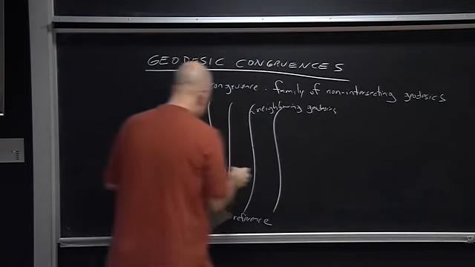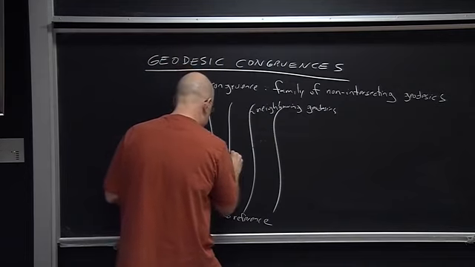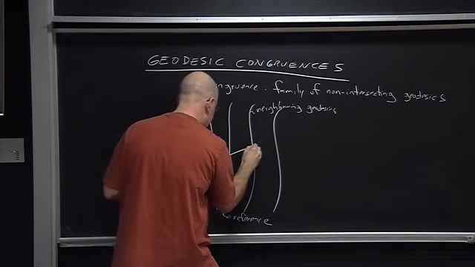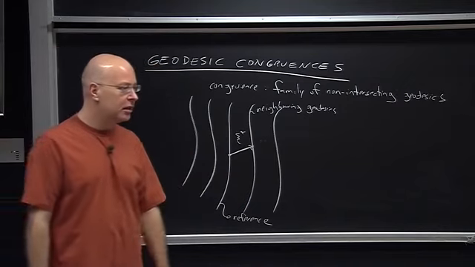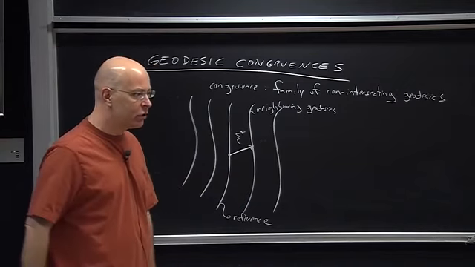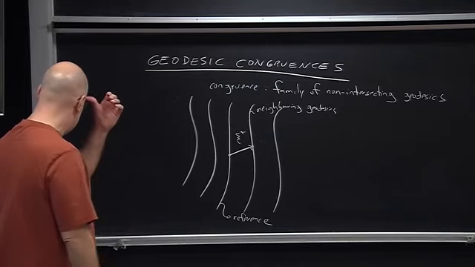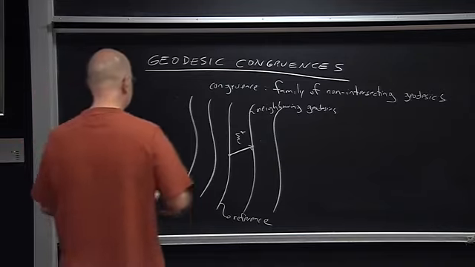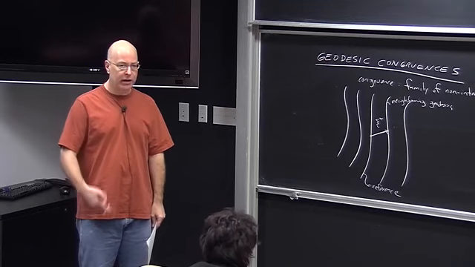And what I want to do is to describe the behavior of the neighboring geodesics through the behavior of the deviation vector that we introduced last time, which will be the essential ingredient in our description. So I'll come back to that.